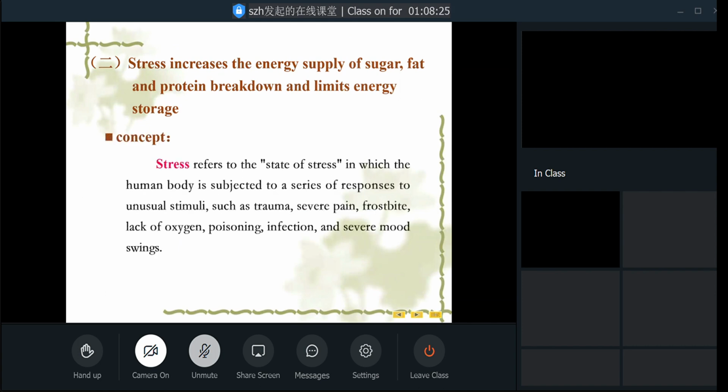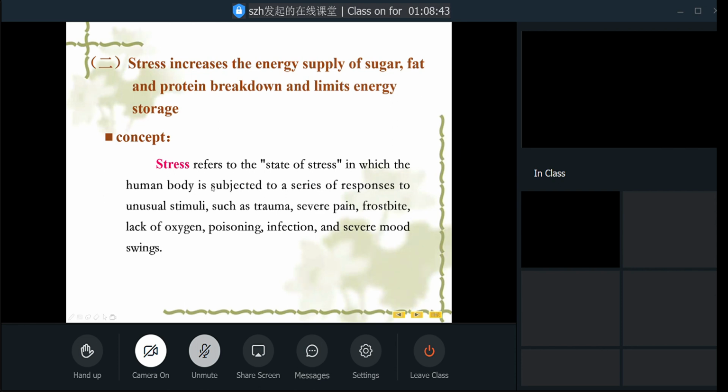And another one, under the stress condition, stress increases the energy supply from sugar, fat, and protein breakdown, and limits energy storage.